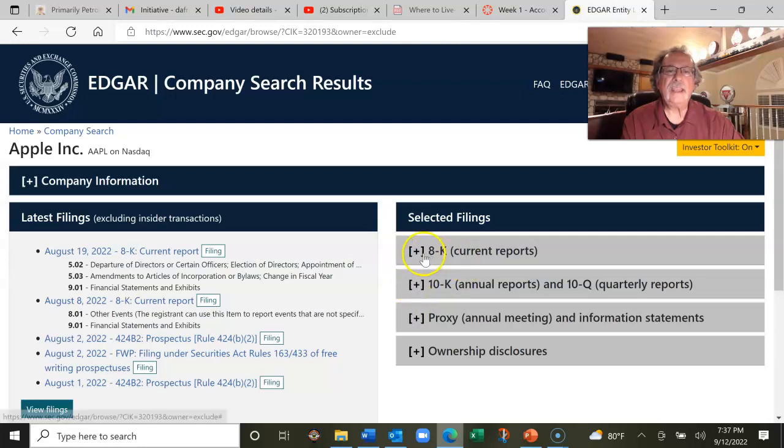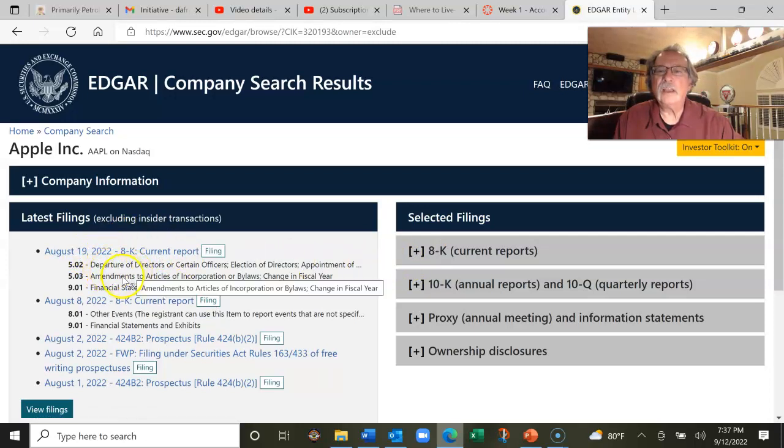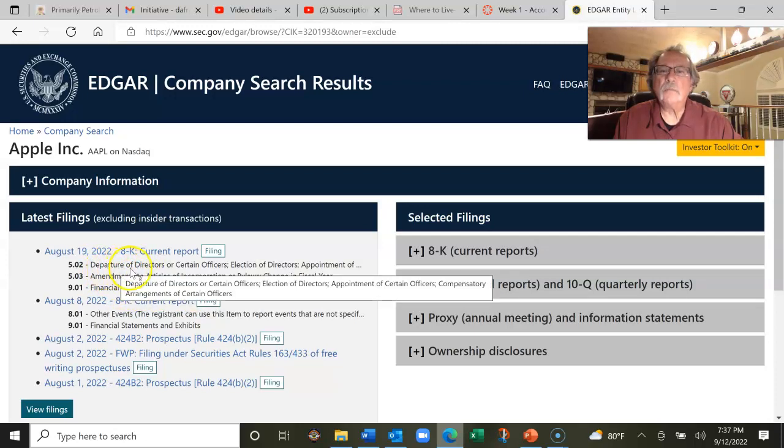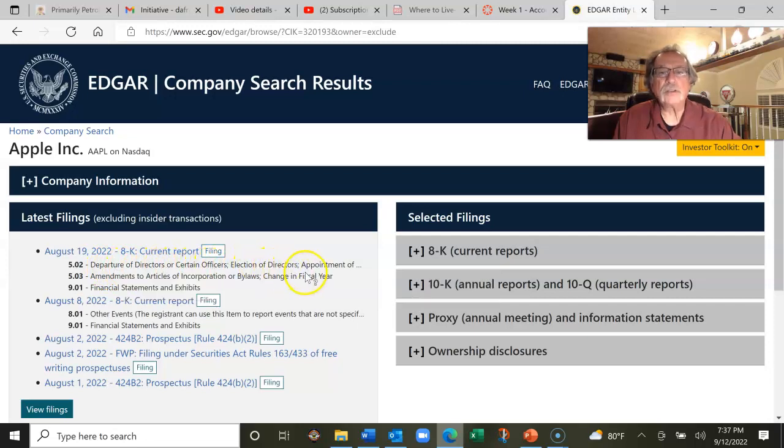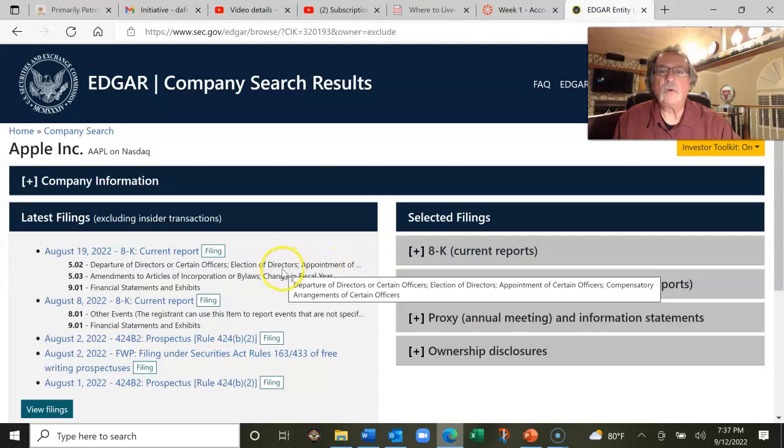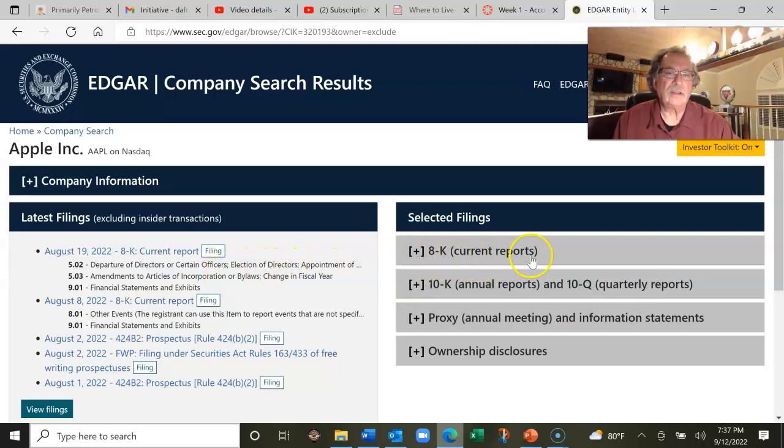And there's 8K reports. 8Ks are information that's important to the company that has to be released. For example, back in August, Apple announced some board of director members that were leaving and new board of directors appointed, and that required an 8K filing. These can get filed often, 3, 4, 10 times a month, depending upon what's going on with the company.